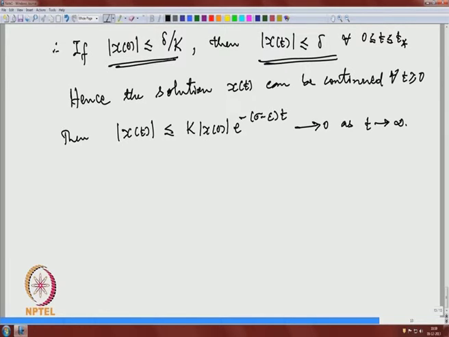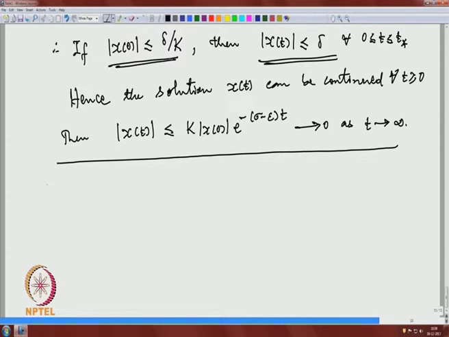So, what have we learnt? The hypothesis in Perron's theorem is also a hypothesis on the equilibrium point x bar. So, A will be d f at x bar, and all the eigenvalues have negative real part.